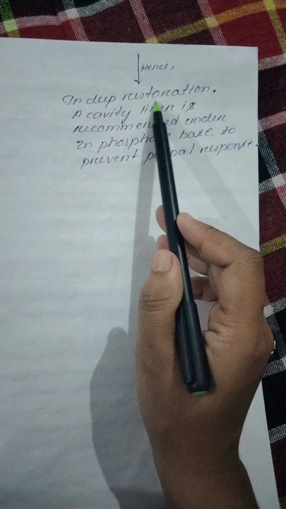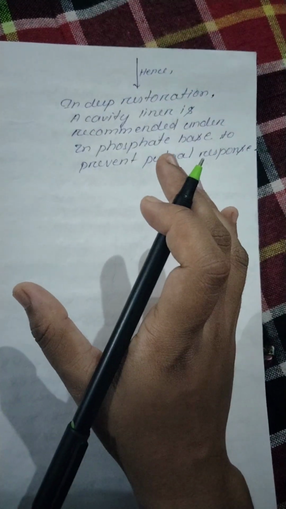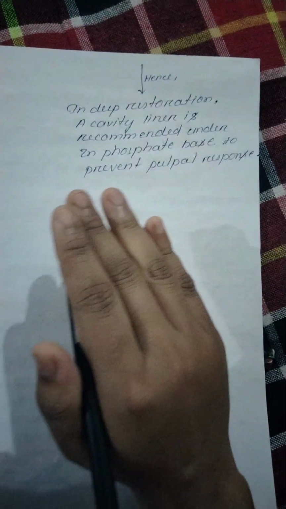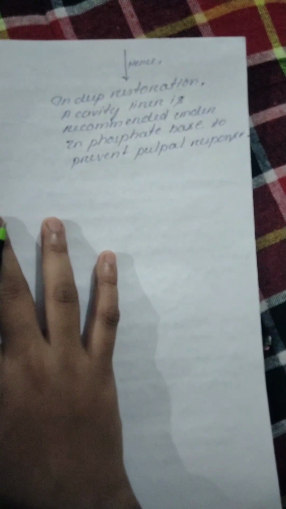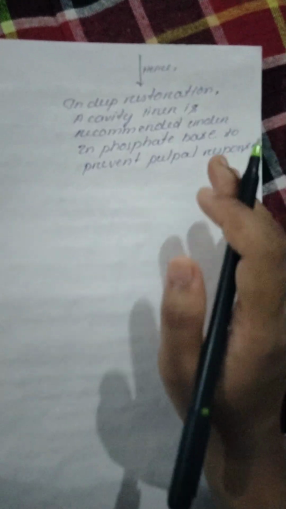Hence, in deep restorations, a cavity liner is recommended under the zinc phosphate base. When zinc phosphate is used as a base under an amalgam restoration in a deep restoration, where the dentin thickness is not sufficient, we can use a cavity liner under the zinc phosphate base.